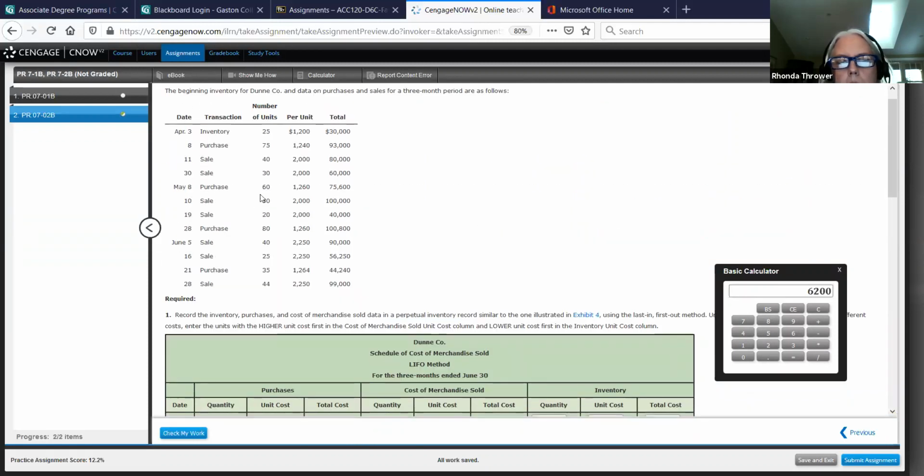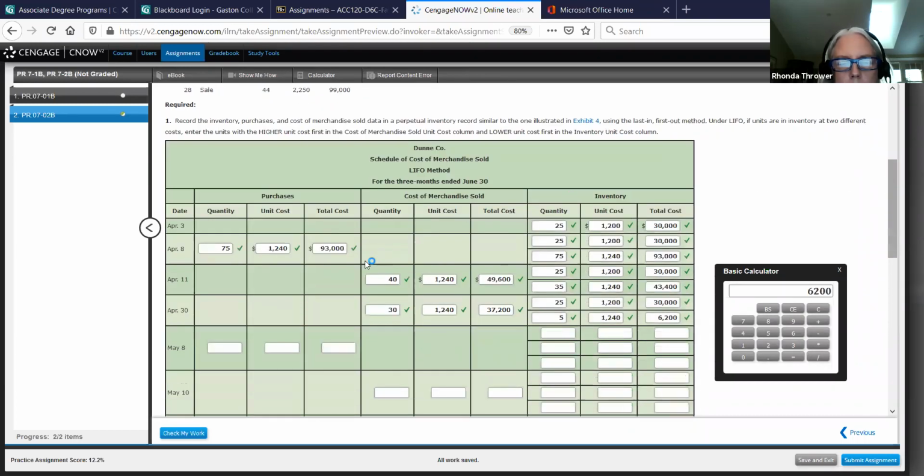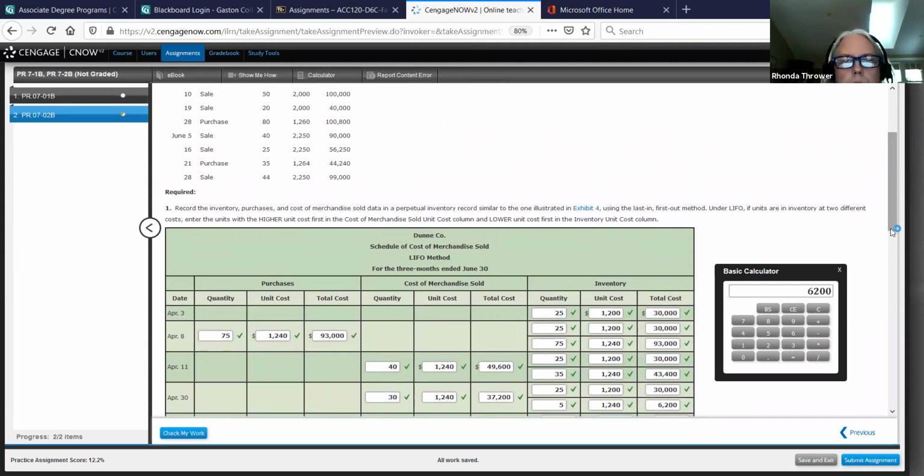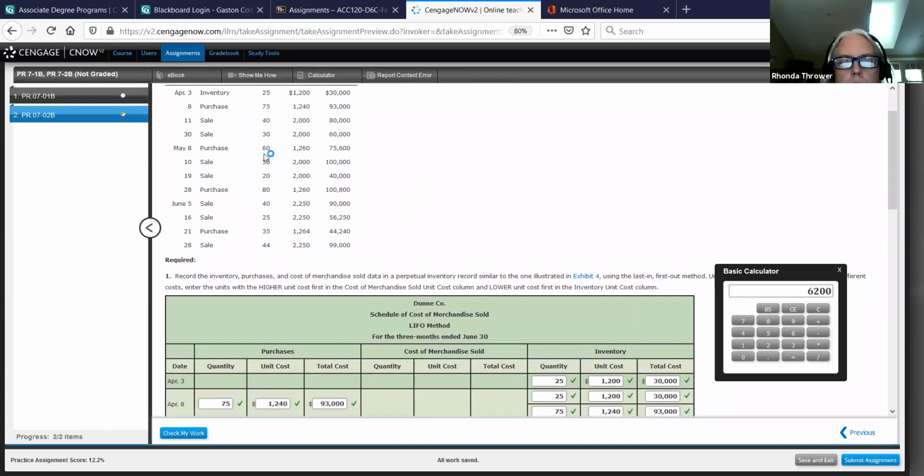On May the 8th, we had another purchase. We purchased 60 more units at $1,260 a piece. So in your quantity, you're going to put down the amount, which was 60 units.